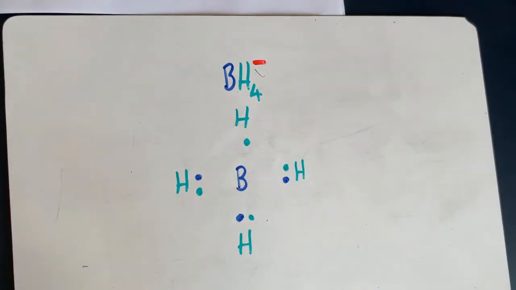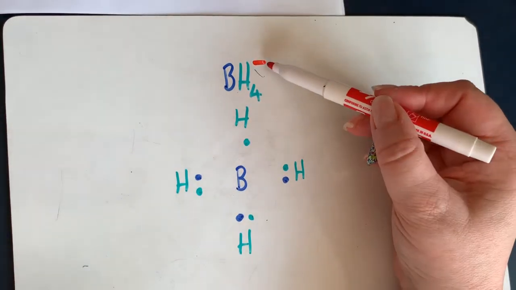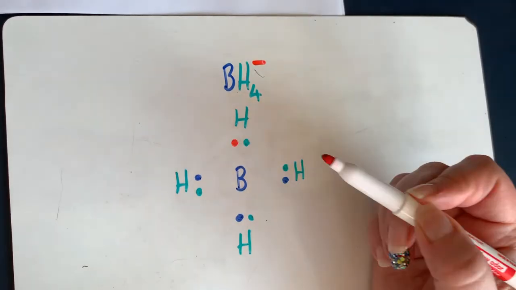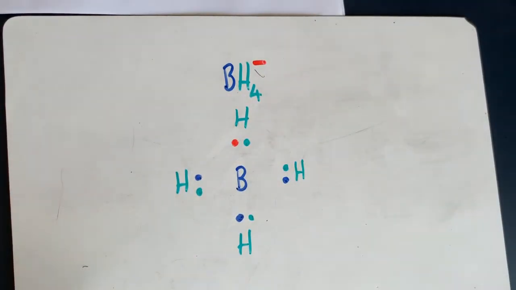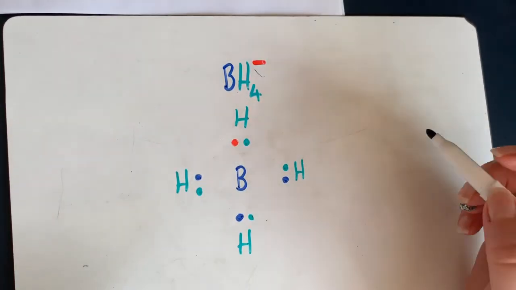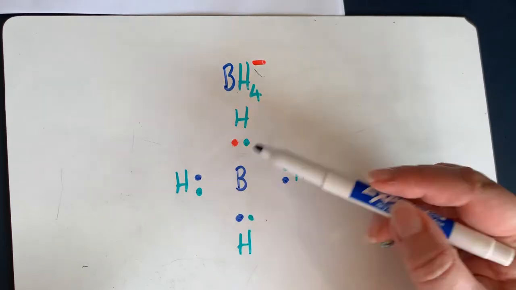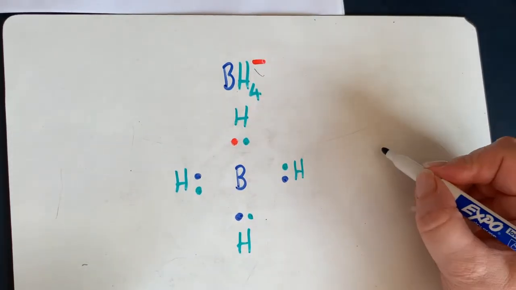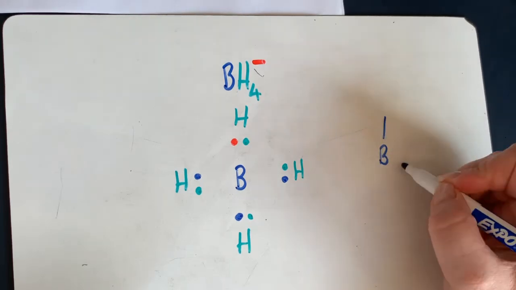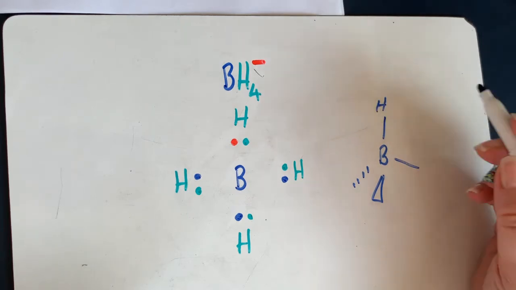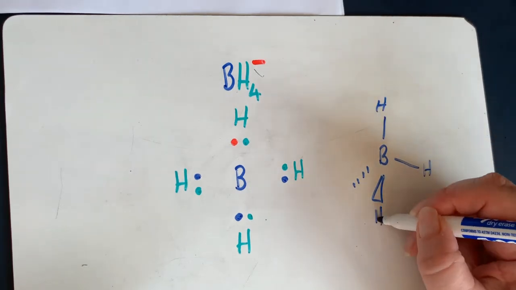And then we're left with 1 extra negative to head into this from here, and that will finish that pair of electrons. So what we've got in this ion is 4 bonding pairs of electrons, and when you have 4 bonding pairs and no lone pairs, you end up with our familiar tetrahedral structure that's very similar to methane.